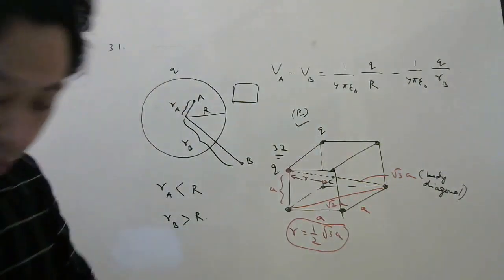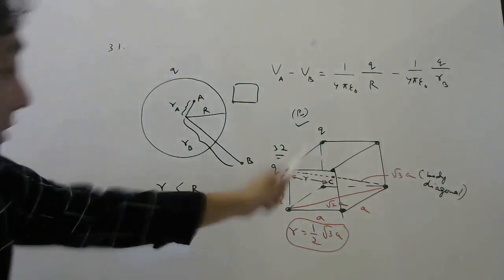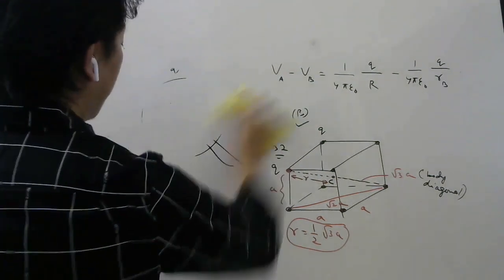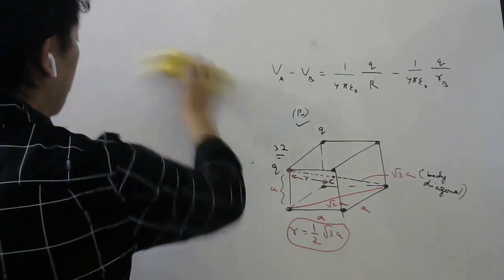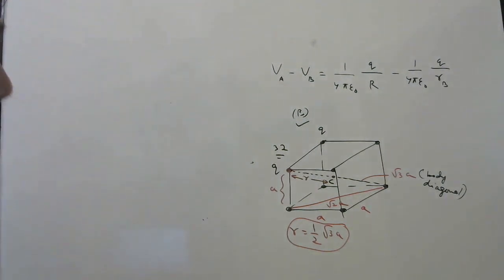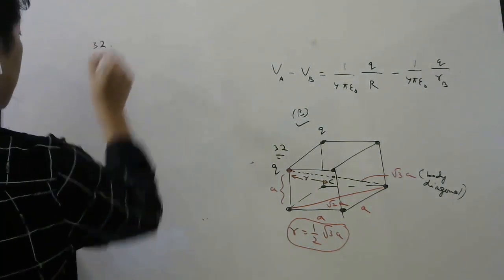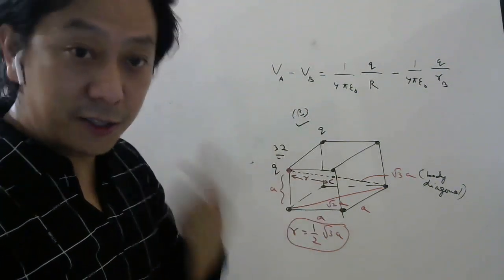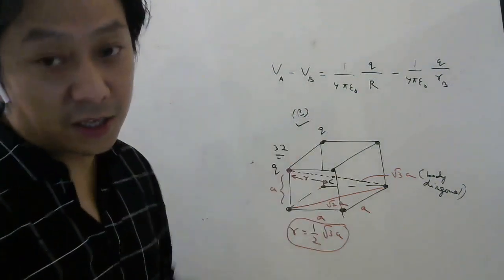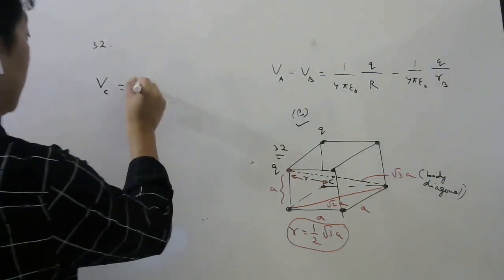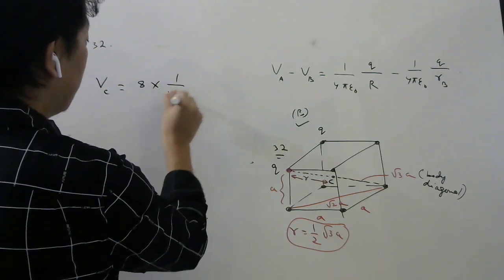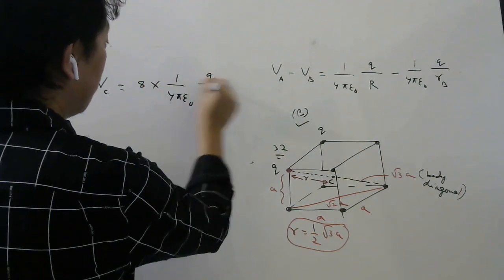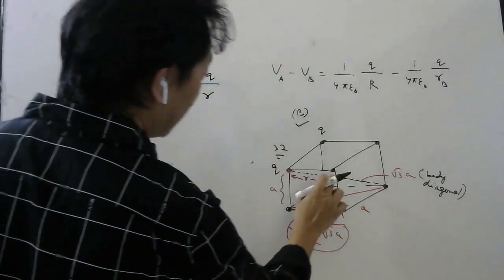Once we know the distance between each charge and the observation point, we can directly use the superposition principle to find the potential at the center. So the potential at the center will be the potential due to each charge, algebraic addition, and since all the charges are positive, the potential will be 8 times 1 by 4 pi epsilon naught, q by the distance between q and the center.